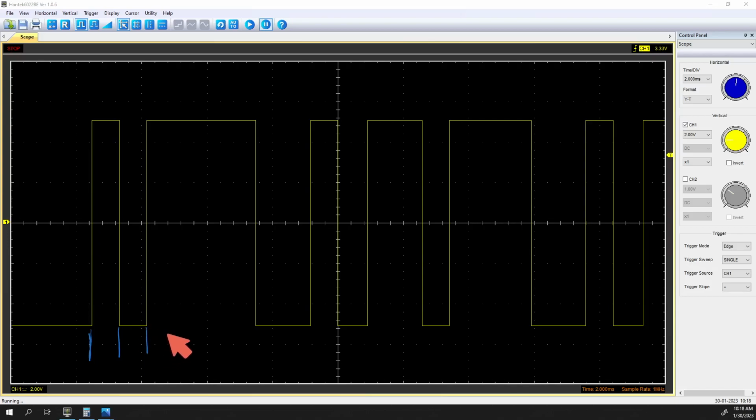So we've got 1, 2, 3, 4, 5, 6, 7, 8. So there's the end of our data. And then we have 1, 2, 3, 4, 5, 6, 7, 8. And then we go high.